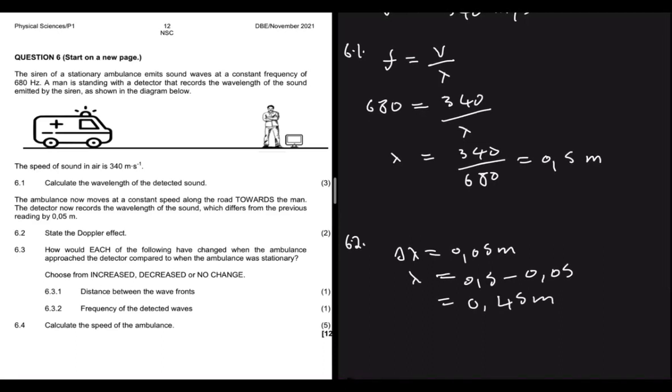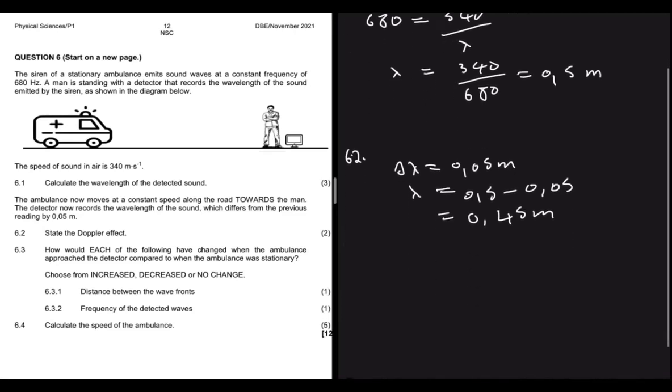Up to so far, there's no question asking us to do this, but it's just obvious because I'm reading the statement and I understand what it is saying. So I know that the new wavelength that is going to be detected is going to be 0.45 meters.